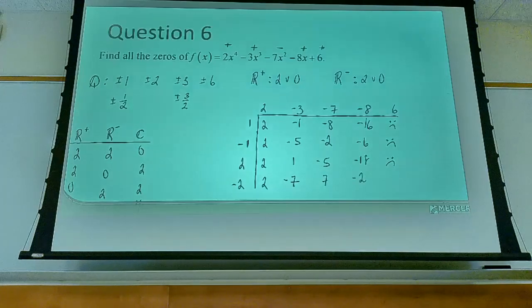I don't know why. I just have a funny feeling when I get that 1/2 is going to be a 0. 2 times a half is 1, minus 3 is negative 2, minus 1, that's minus 8, minus 4, that's minus 12, minus 6.